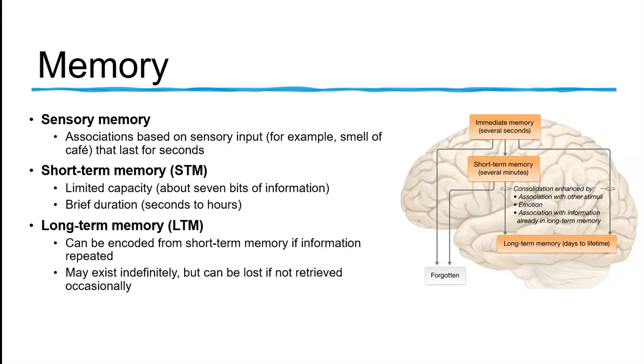Now, if you remember your ABCs, how do you remember them and why? Well, you remember them because you practiced, you rehearsed, you repeated it over and over and over, and then it got encoded from short term to long term.